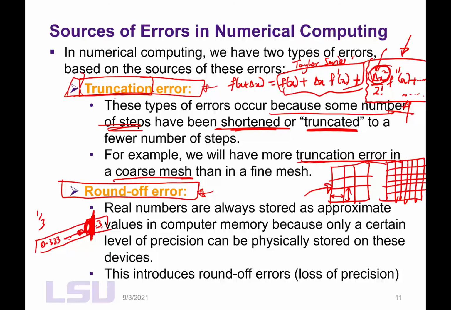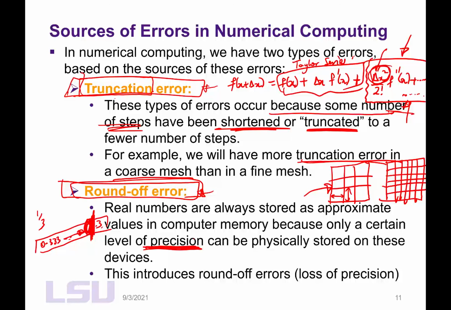You round it up, and that creates an error, because an error is a loss of precision, right? Based on the definition of error shown on the previous slide, lack of precision or lack of accuracy. So because you're not able to carry an infinite number of decimal places, you introduce a round-off error in your computer.